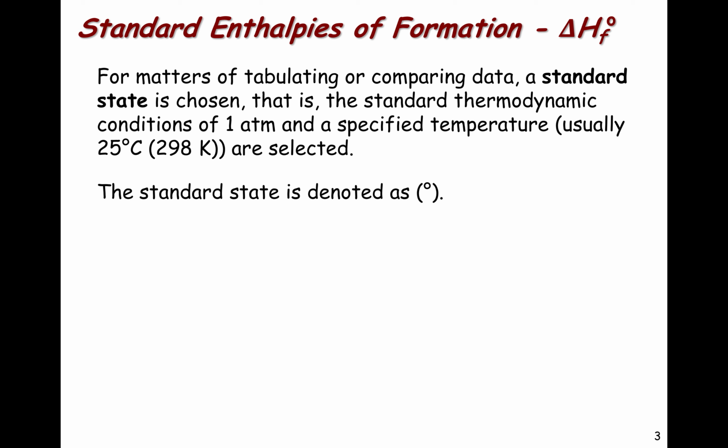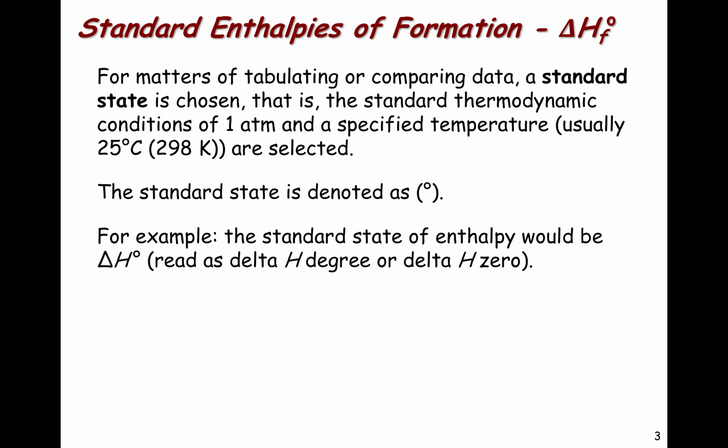So, again, the standard state is denoted as the superscript 0 just to the right of the H. In the case of the standard enthalpy change, this would be delta H naught or delta H 0, depending upon how you would state that.